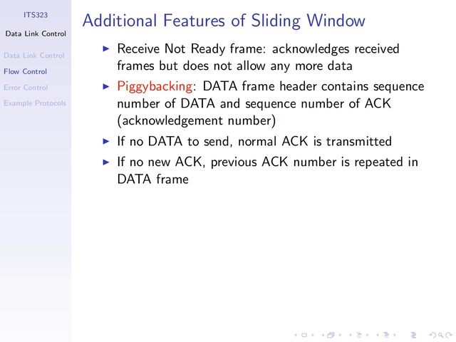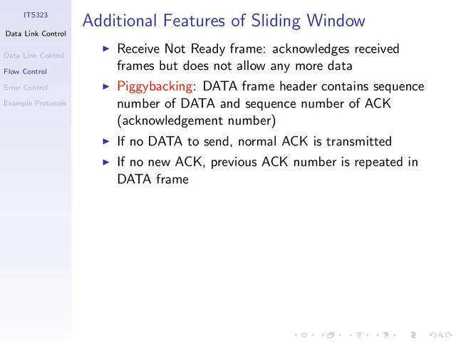So in this example, B sent an ACK with acknowledgement number 1 and a data frame with a sequence number 5. With piggybacking, we combine this information into one frame where the header contains the sequence number 5 for the data being sent and the acknowledgement number 1 for the previous data received.